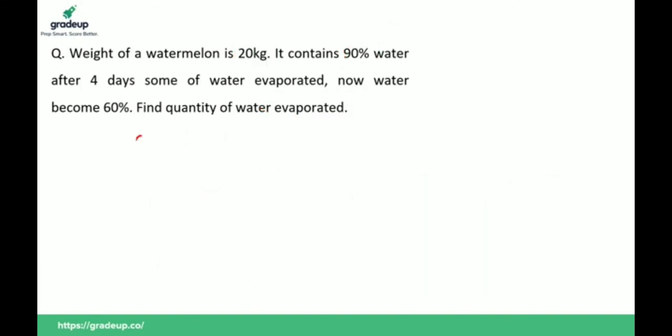So guys, listen. The watermelon is 20 kg. It contains pulp and water. Now, water is 90, then pulp is 10. After dividing this, 10%, 90%, this is 18 kg, this is 2 kg.